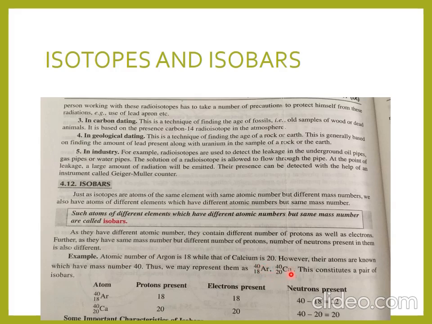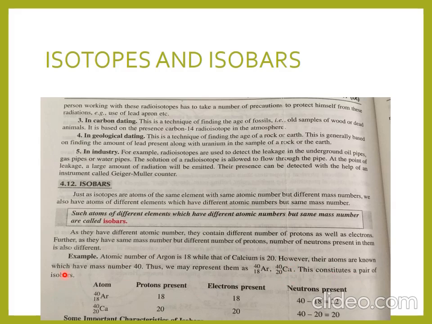Similarly, for calcium, the symbol is Ca. On the lower left side it is written as 20, the atomic number, and the mass number on the upper left side, that is 40. So this constitutes a pair of isobars.